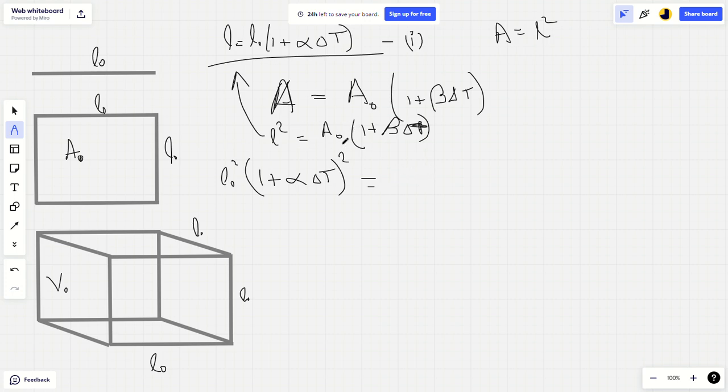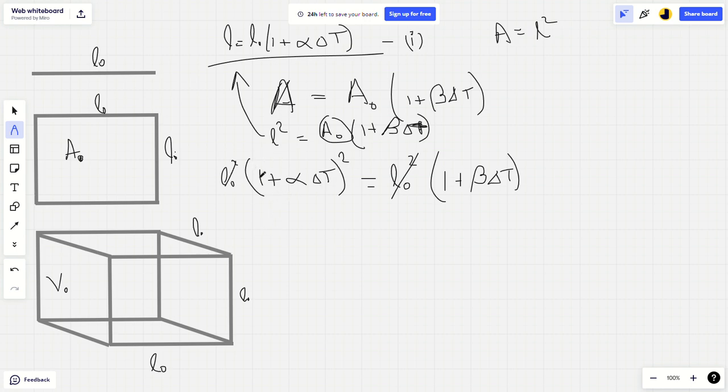But I'm going to directly replace the value of A0. We know that A0 is equal to L0 into L0. So we're going to write here L0 square (1 plus beta delta t). Obviously we can cancel L0 square, and we are left with 1 plus alpha delta t whole square equals 1 plus beta delta t.